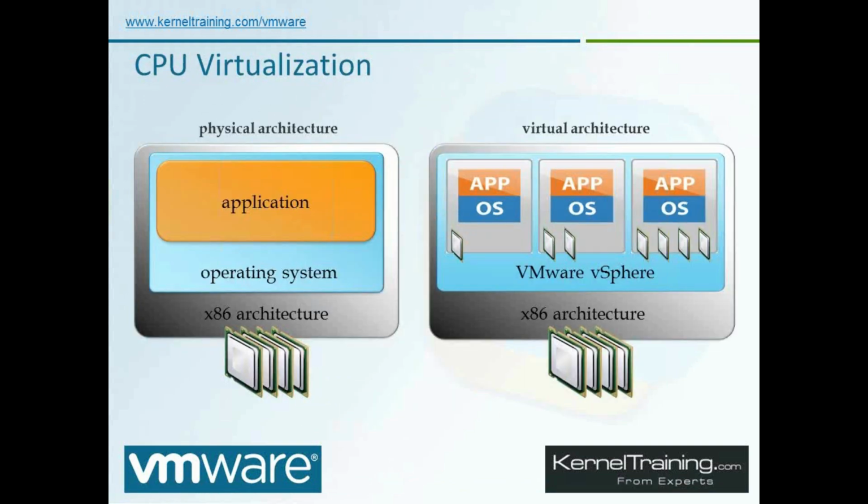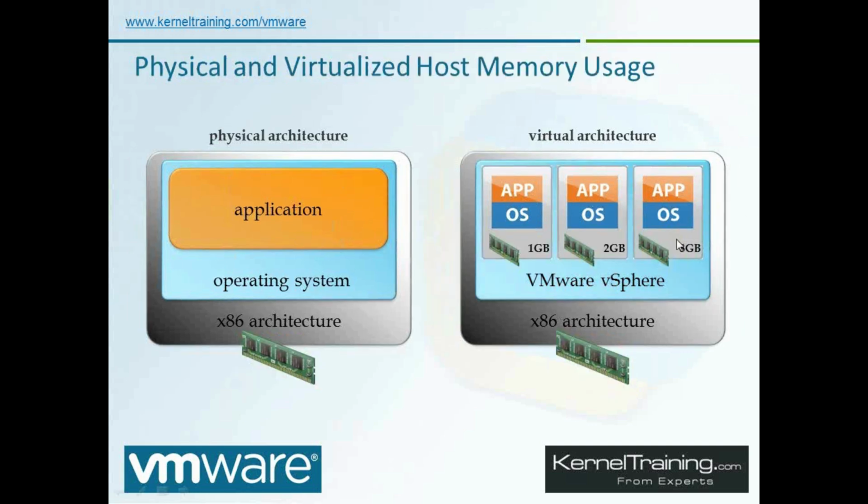I'm going to virtualize my CPU. 4 CPUs will be split into multiple CPUs as a virtual environment. That we are going to learn in the coming classes, where we will talk about the symmetric multiprocessing concept in VMware, which will help you convert one physical CPU into multiple logical or virtual CPUs so that each VM would get multiple CPUs.